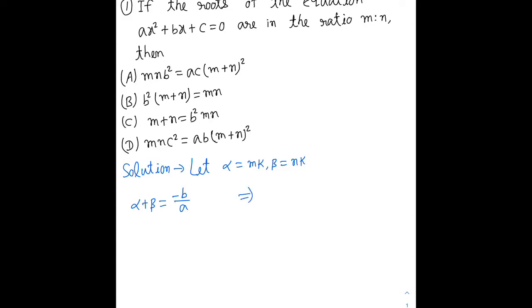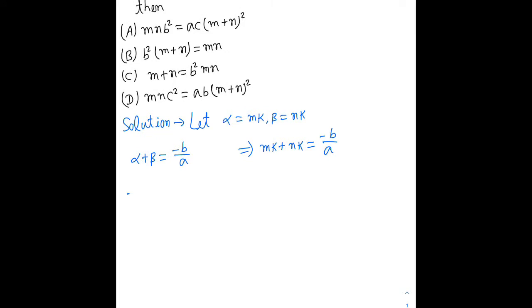In place of alpha you put mk, in place of beta you put nk, and that is equal to minus b by a. If you take k common, you get k into m plus n equal to minus b by a. Then using this you get k equal to minus b by a into m plus n.